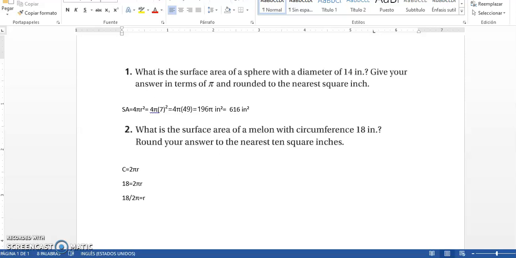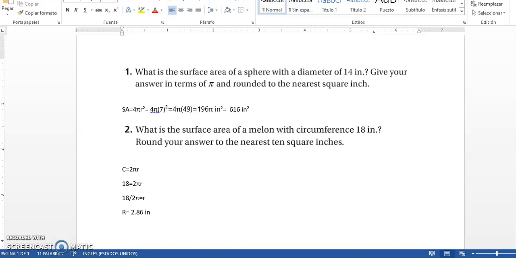The final answer in decimal will be 2.86. What will be the units? Because we are talking about distance, it's inches. Now, round your answer to the nearest tenth, which means we don't have to keep the pi.